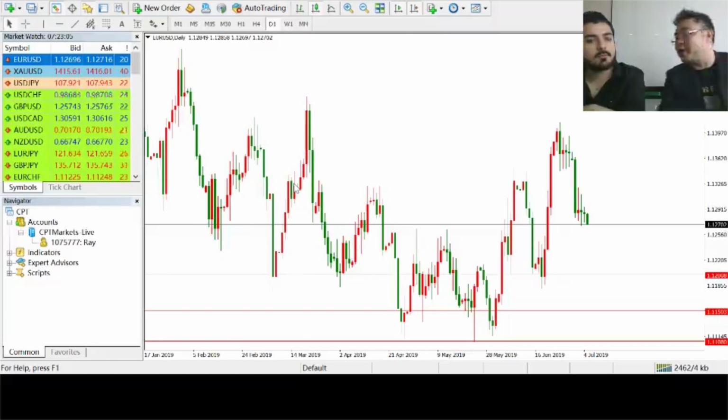It's almost there. So this is the important economic data they will consider. This is even more important because yesterday, July 4th, Independence Day, the market was closed. Today, it's a big shock for everyone, for the market.